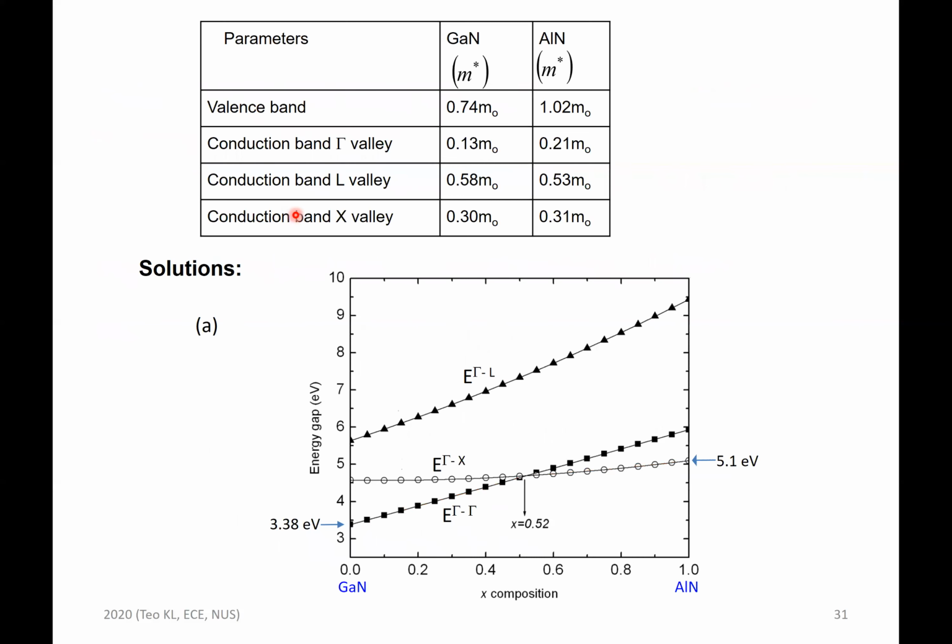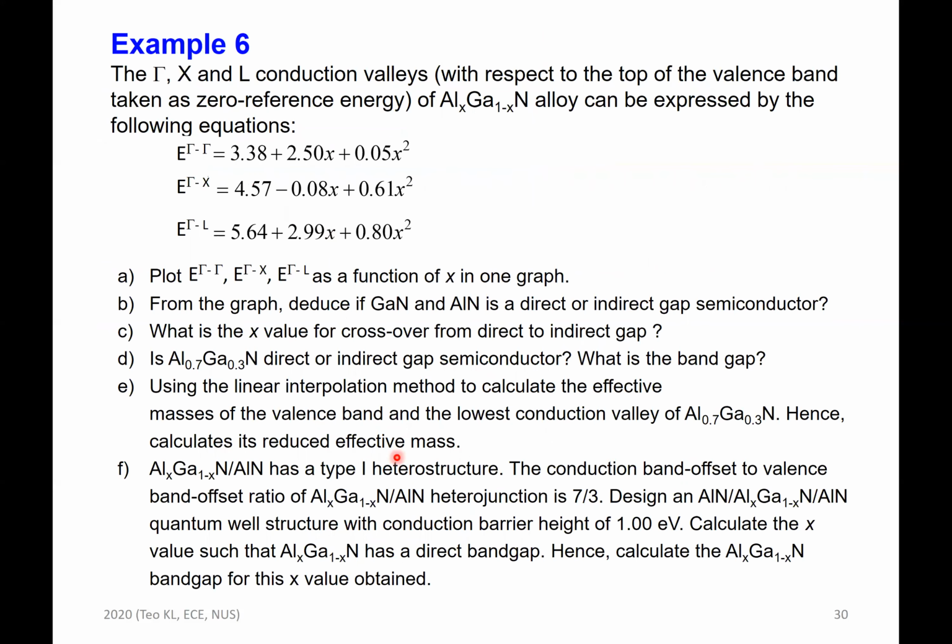Next, effective mass. Using the linear interpolation method, calculate the effective mass of the valence band and the lowest conduction valley of aluminum gallium nitride. Hence, calculate its reduced effective mass.